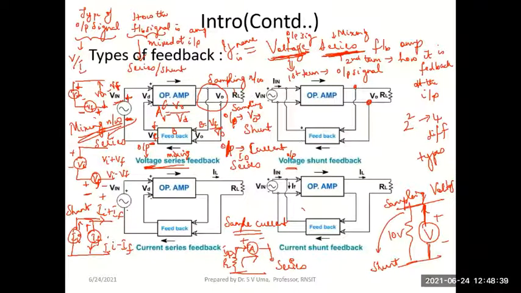Now, I'm taking the feedback signal, whatever I have here, and I'm again making a shunt connection here. So what type of feedback signal do you normally expect if you make a shunt connection? Which signal is added or subtracted in parallel? Current.